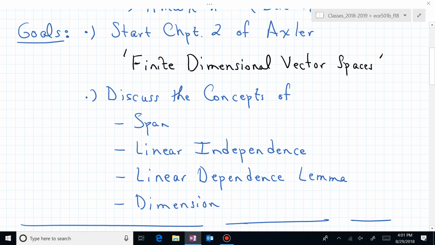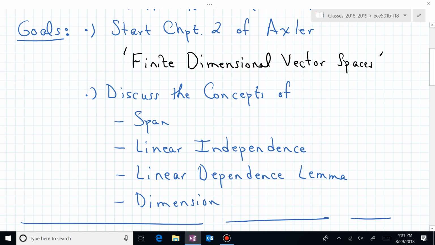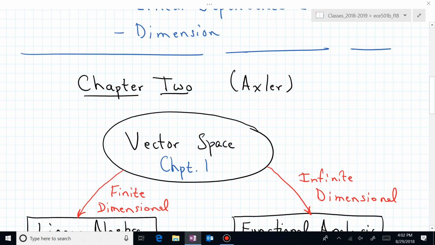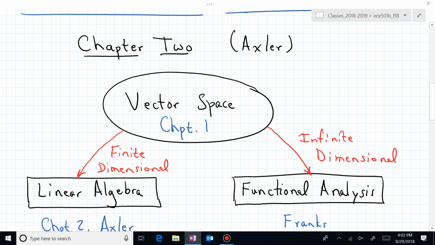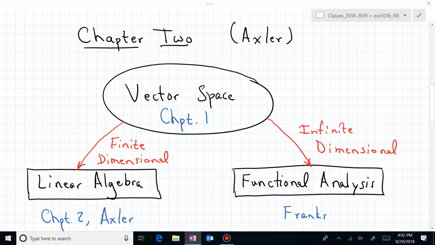Today what we want to do is start talking about what we mean by span, linear independence, now that we have finite numbers that we can deal with, the linear dependence lemma, and then dimension. And all of this, if we don't cover it today, it may be covered via other material on D2L in subsequent days. So look for that in the future.